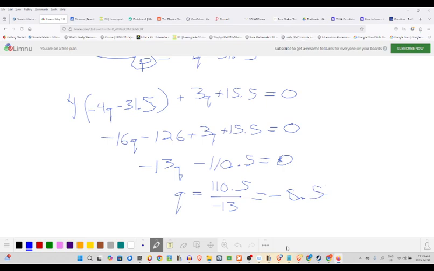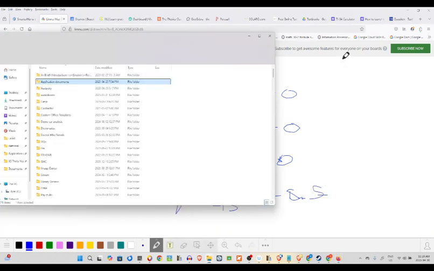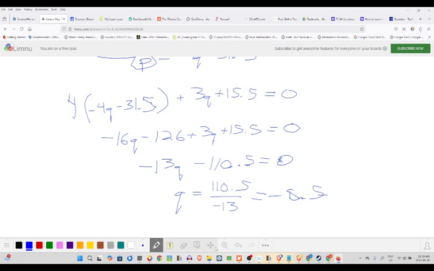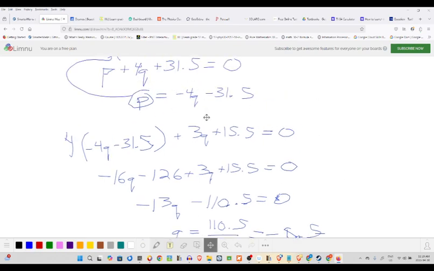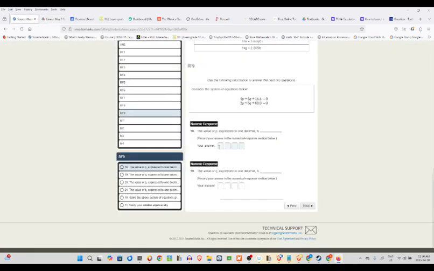If we substitute that in here, negative 4 times negative 8.5 minus 31.5. So our p ultimately is 2.5. So p is 2.5 and q is negative 8.5.